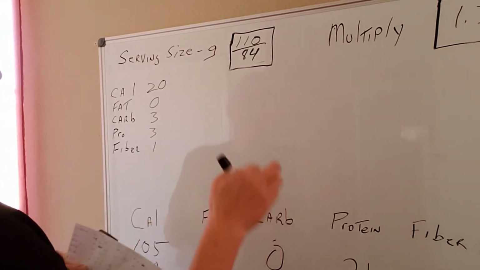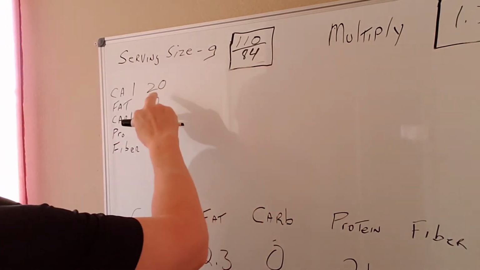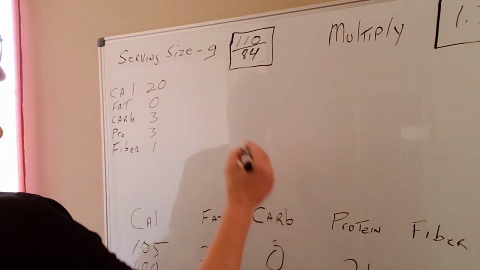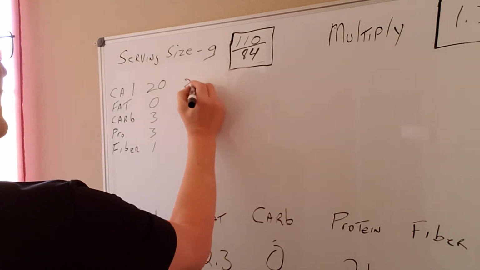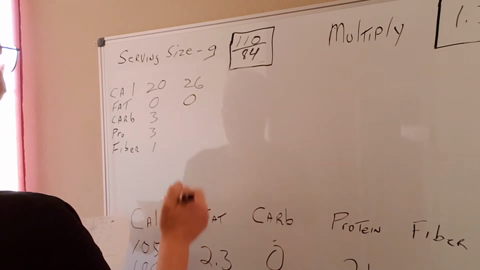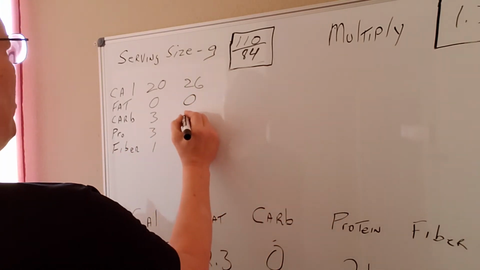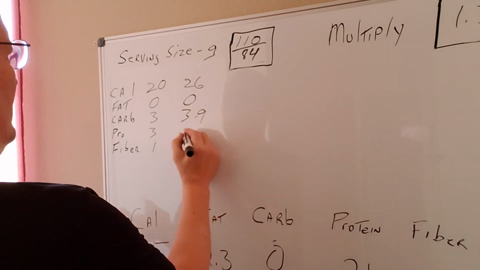So what am I going to do? I'm going to take 1.3 times 20. And that's giving me 26. So 26 calories. 0 fat. 3 times 1.3 is 3.9. 3.9 for the protein, and the fiber is 1.3.